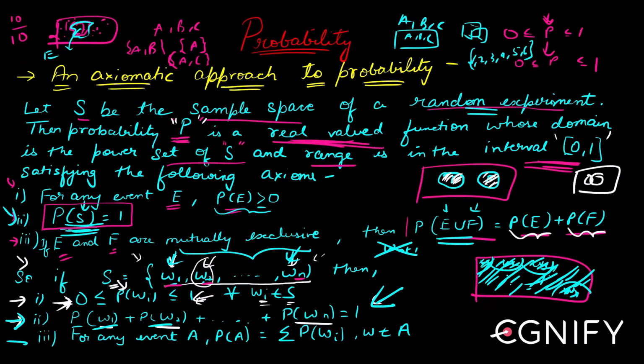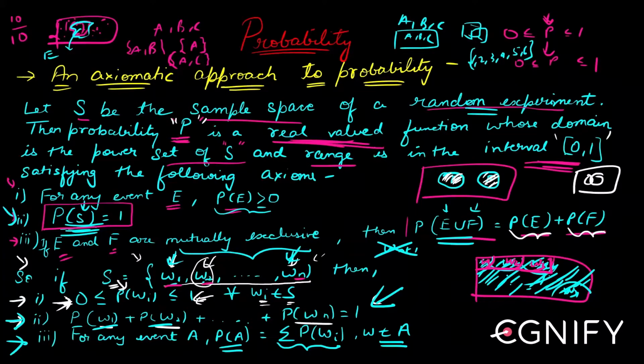Coming to 3, for any event A, probability of A is equal to the addition of the probabilities of all those outcomes which are a part of A. So for instance, if I take up this region which has only W1, W2 and W3. W1 is here, W2 is here, W3 is here.